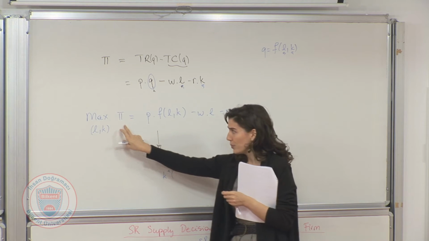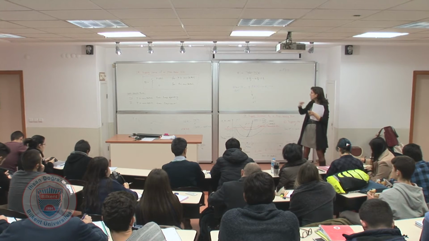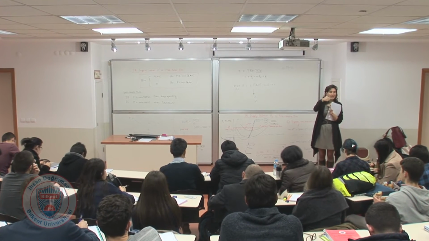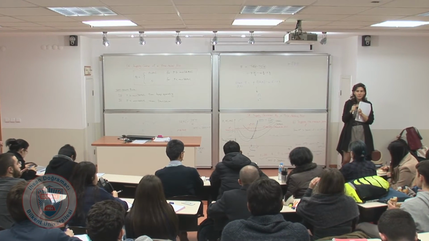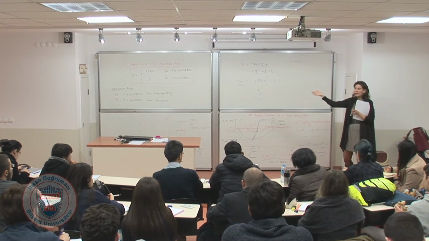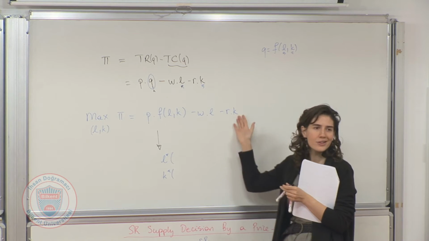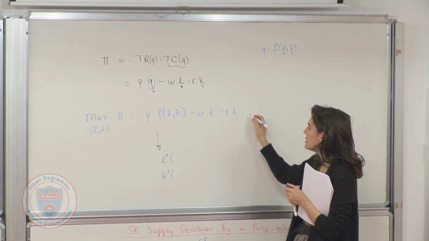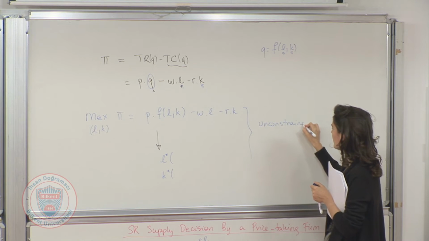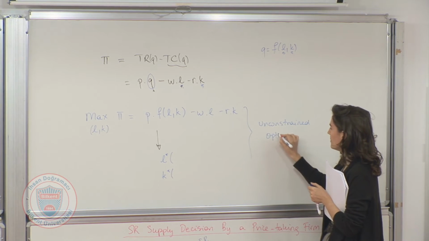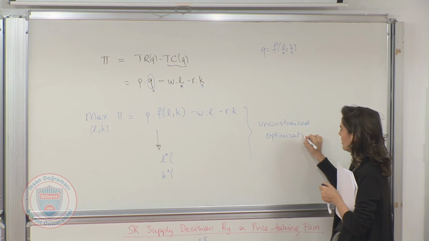First of all, when you solve this maximization problem with respect to L and K, is it going to be a constrained or an unconstrained maximization problem? Unconstrained, right? You told me, hocam, there is no subject to. There is no constraint here. So this is going to be an unconstrained optimization problem.